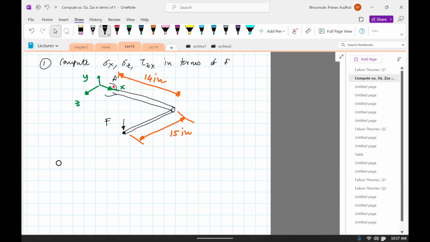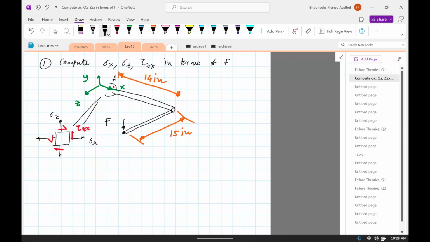Okay, and then also I drew the plane stress element here. So the top view, sigma x, sigma z, tau zx.